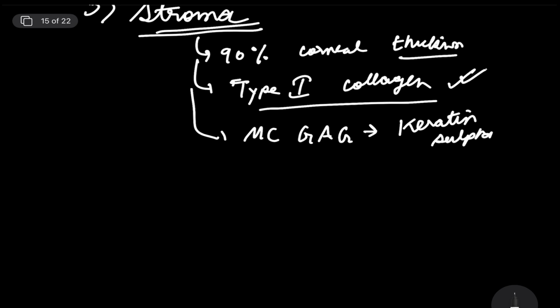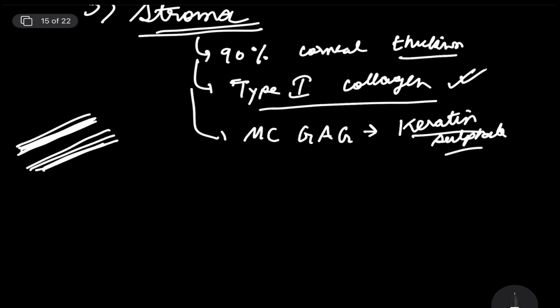So you can see that the stroma is basically made up of these glycosaminoglycans and these collagen fibers. Another very important thing about the collagen fibers in the stroma is that they are laid very evenly. They are laid very parallel to each other. This will come in very handy when we talk about the factors which lead to corneal transparency.